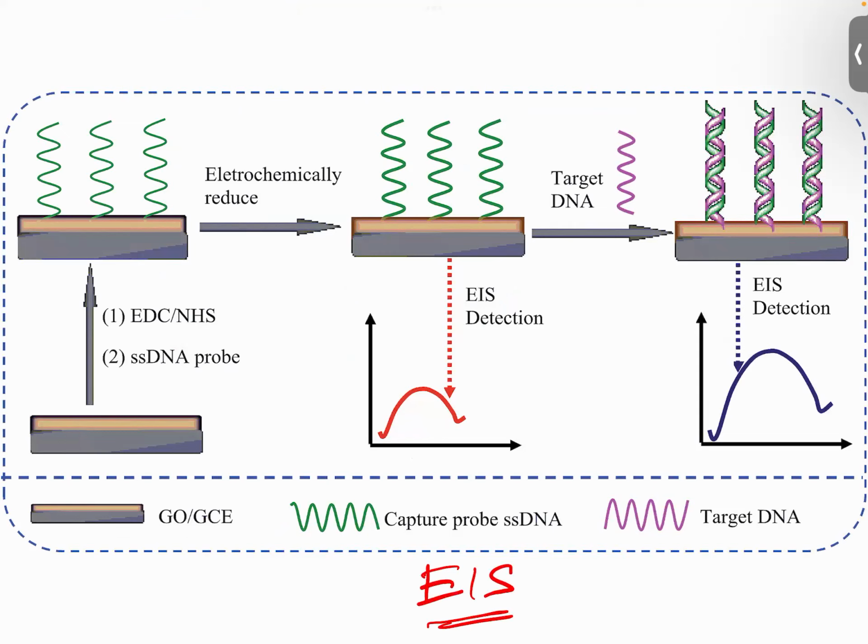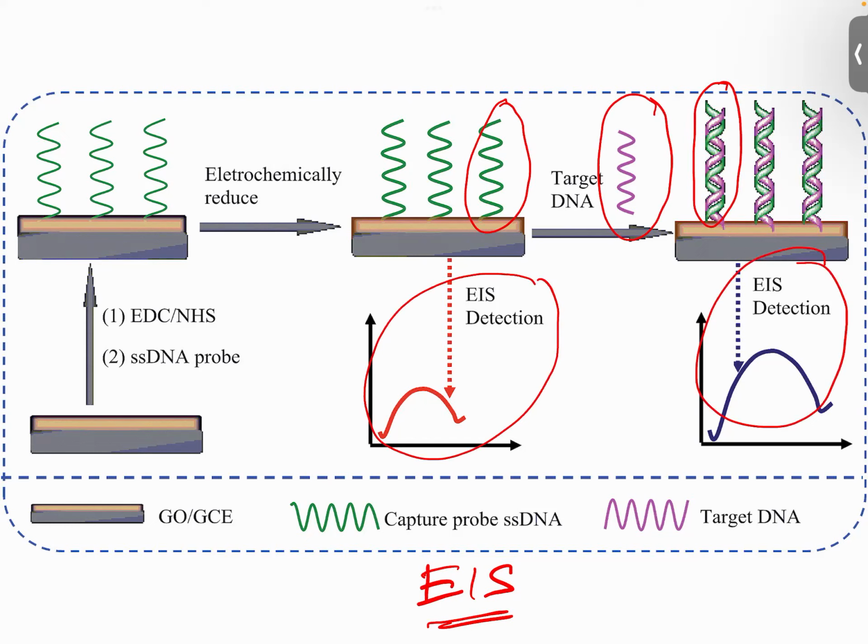You can see from here, this is also under electrochemical techniques. This is the probe DNA, and then you expose it to the extracted DNA, and if you have a good match, it means the sample is positive for whatever you are looking for. So you can see there is a difference between the reading of just probe DNA and when you have hybridization. No label is needed for the EIS system.